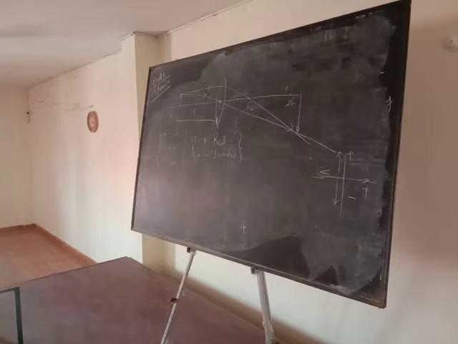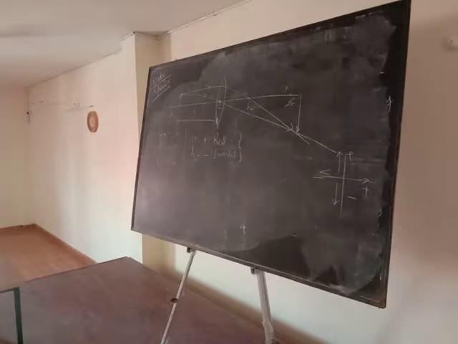It is in between C and F. This is the only condition to find the virtual image is formed, that you place the object in between the C and F. It means convex lens can also produce a virtual image.